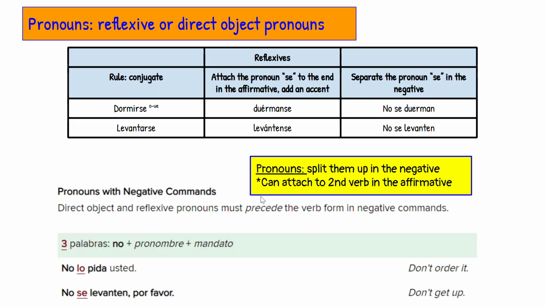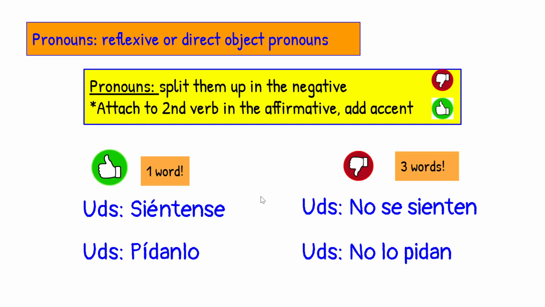Now what do we do if we have reflexive or direct object pronouns? With pronouns, we can attach them in the affirmative, when I'm telling someone to do something, but in the negative, when I'm telling them not to do it, I'm not allowed to attach. I'm going to practice this with you. Okay, so here we have, when I have a pronoun to not do something, I'm going to put the no first, then the pronoun, then the verb. No se sienten.